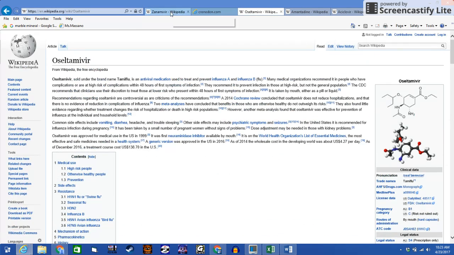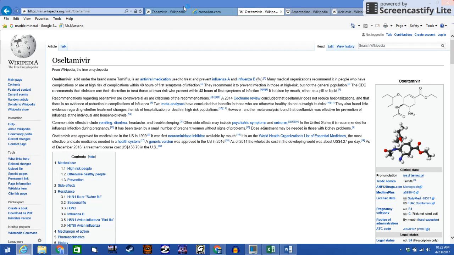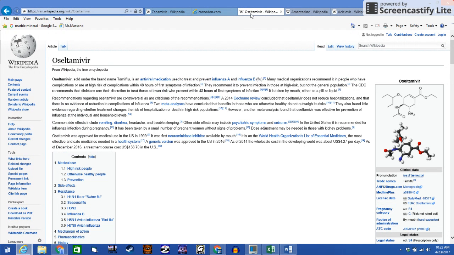There's Tamiflu and Relenza. Not exactly the same, but there is some definite similarity in structure here. Okay, and those work by inhibiting the neuraminidase enzyme.